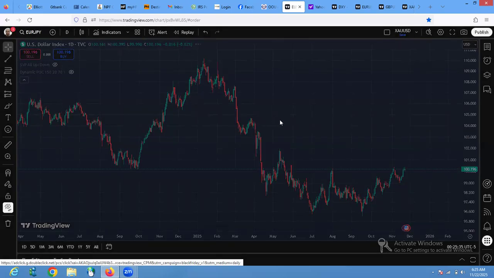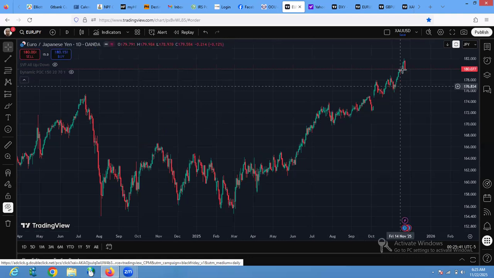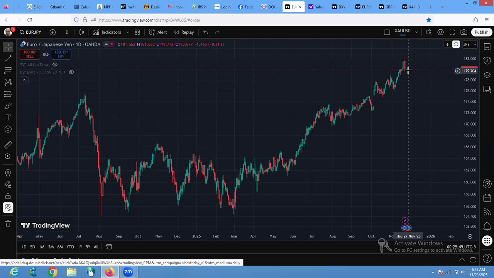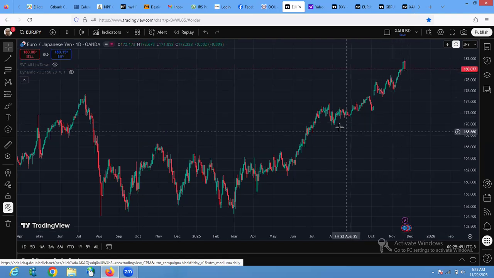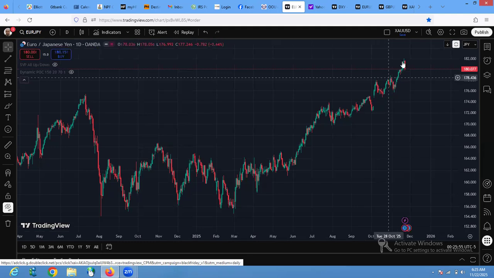Euro Yen also is giving us a very big move to the downside. It's a very big move to the downside here. So this may have done a 1, 2 here. Maybe the same way, the third wave may have ended here.